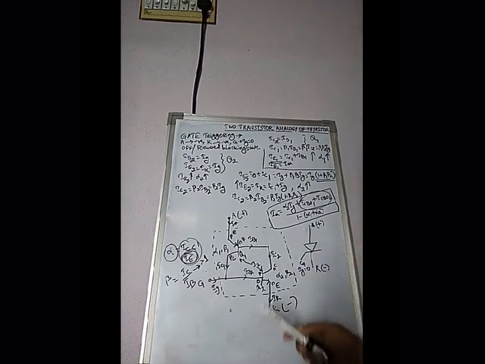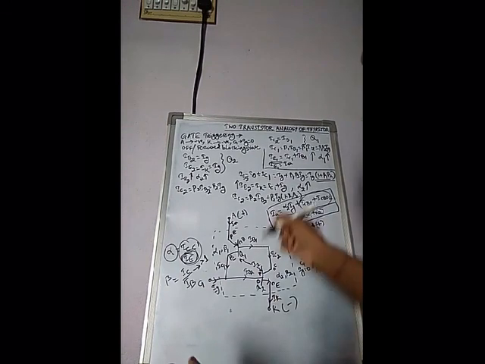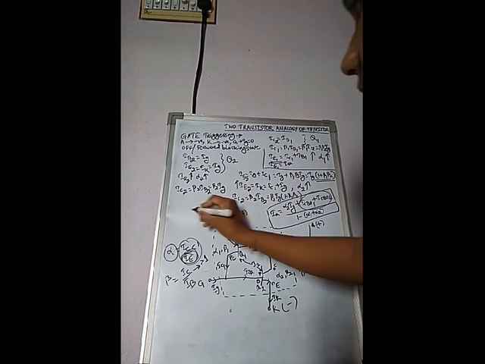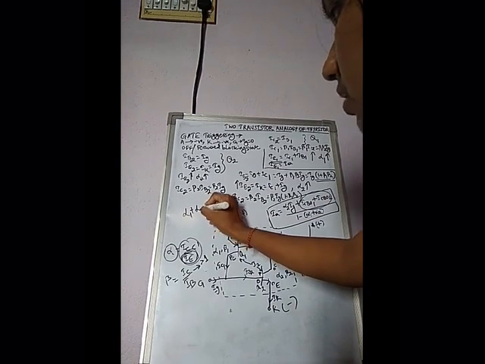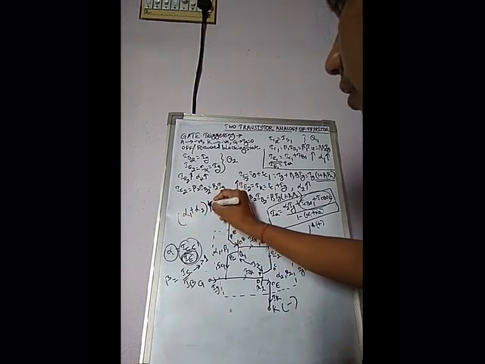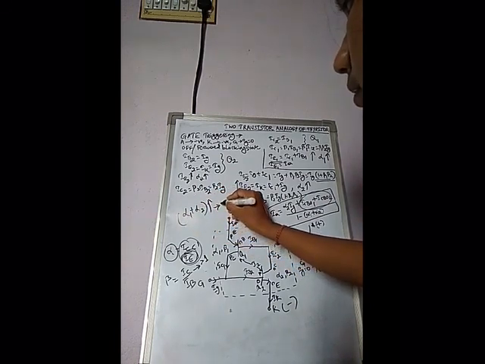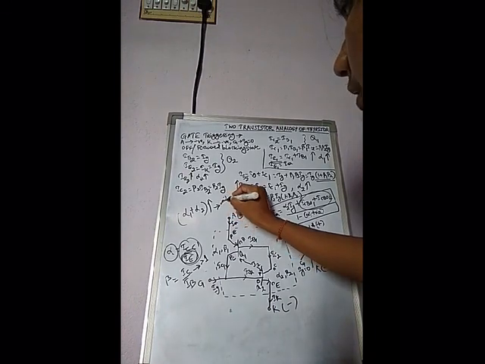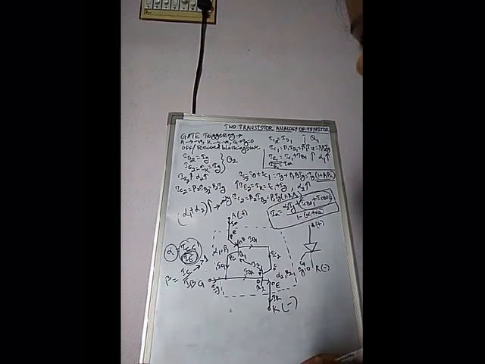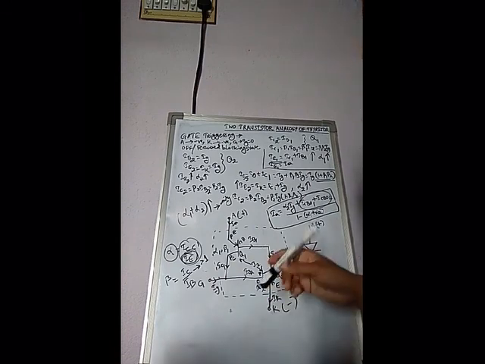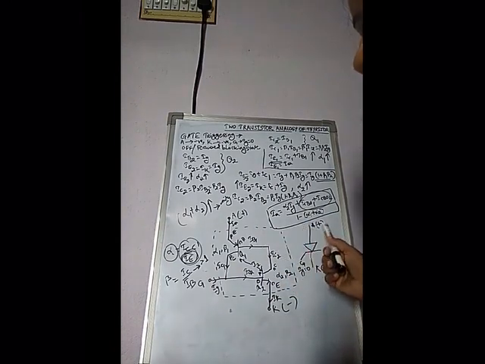This regenerative or positive feedback effect causes alpha 1 plus alpha 2 to grow towards unity. So this total process grows alpha 1 plus alpha 2 towards unity. As a consequence, anode current begins to grow towards a larger value, let it be towards infinity.